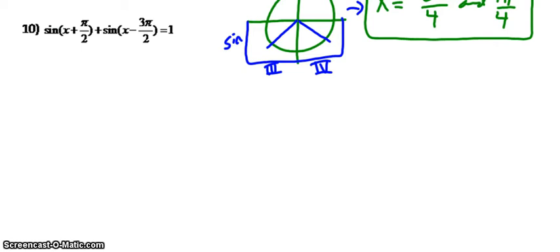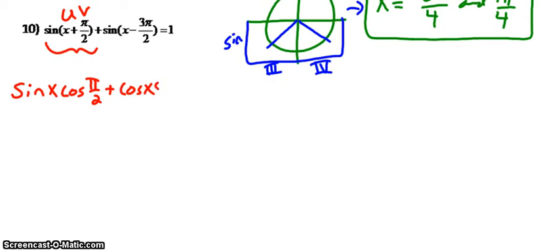For question 10, again we have two functions, and we'll be considering x as u and pi over 2 as v for this first one. We've worked with this formula now, so let's use it again. We will have sine x cosine pi over 2 plus cosine x sine pi over 2.